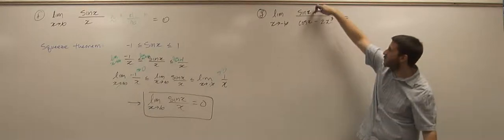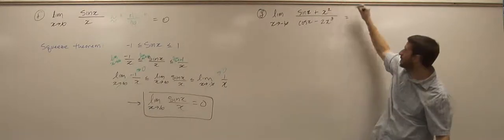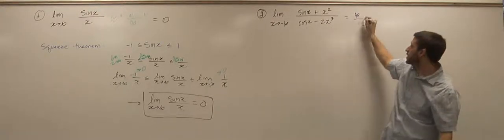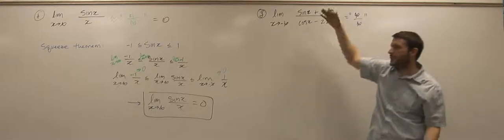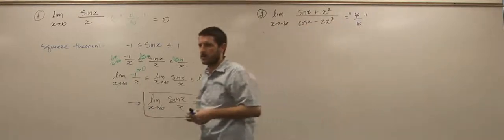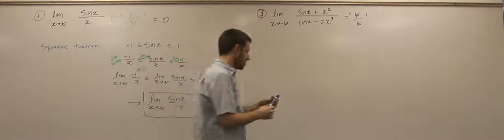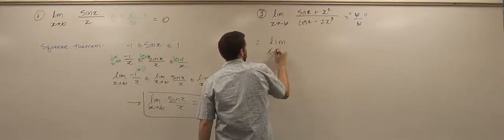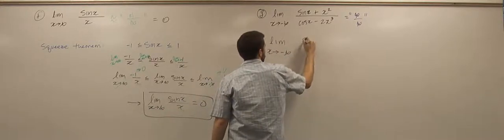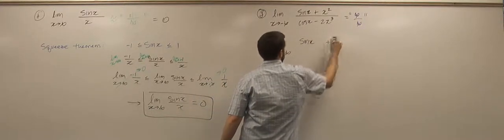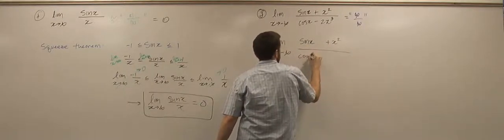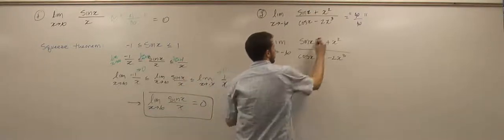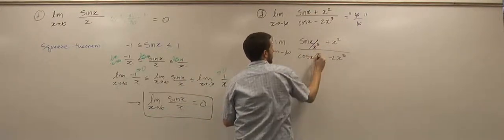Because sine is staying between negative 1 and 1, but this guy's blowing up. And cosine is staying between negative 1 and 1, but this guy's getting huge. And so when you have infinity over infinity, you divide by your highest power. So you're going to divide everything here by x cubed. That's my highest power.